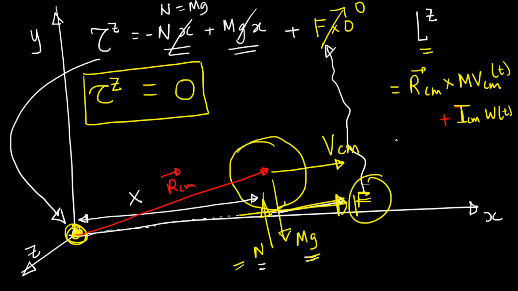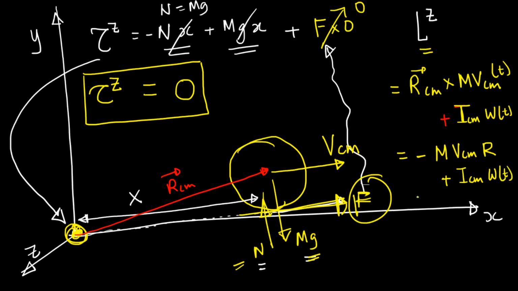Now we've done this calculation before, so let's simply write it as minus m vcm r plus Icm omega.